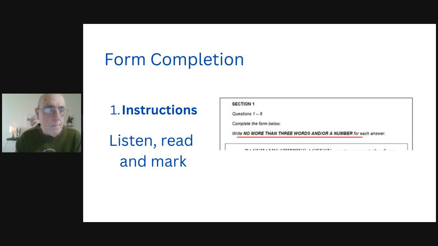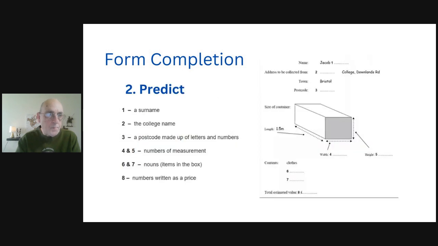For example, this is a section 1 question, so they would tell you that this is going to be a conversation between two people to make some kind of arrangements. In the case of the question we're looking at in this lesson, it's to arrange shipping a package. So make sure you listen carefully, read and underline the instructions as your first step for this listening question.